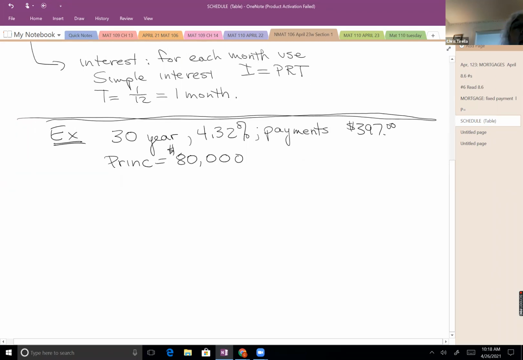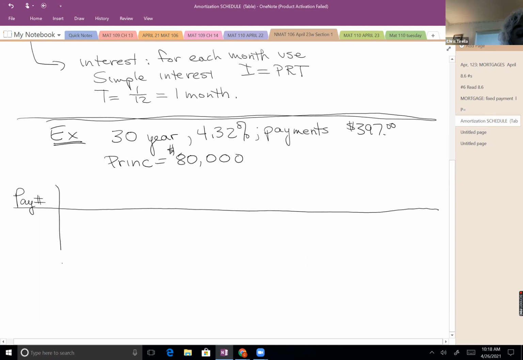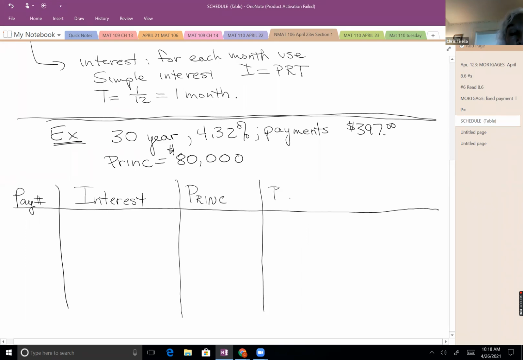So I'm going to make my table at the top of the page, and I'm going to do my scrap work down below. So we'll have our payment number, the amount that goes to interest, the amount that goes to principal, and then the balance that we owe.